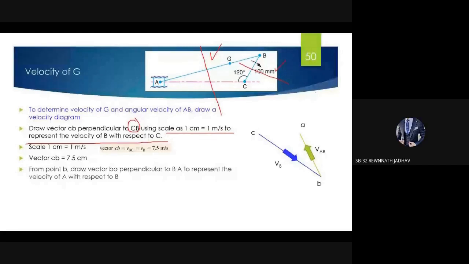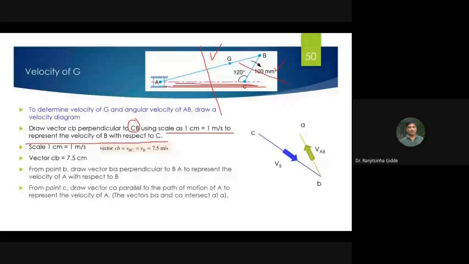Yes, sir. Then draw third vector, which is parallel to this AC or along this AC. We need to draw it in this vector diagram.